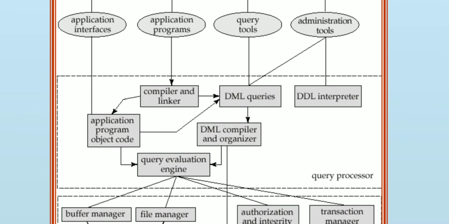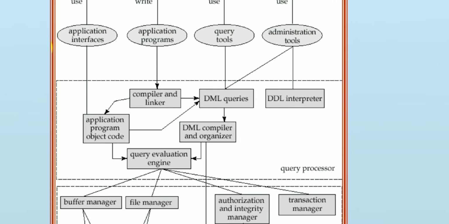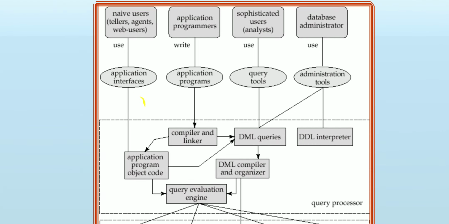Whatever the users give goes through application interfaces, application programs, query tools or administrator tools. The naive users go to the application interface, and the application program object code is given to the DML queries, that is the data manipulation language, which is controlled by the administrator tools.